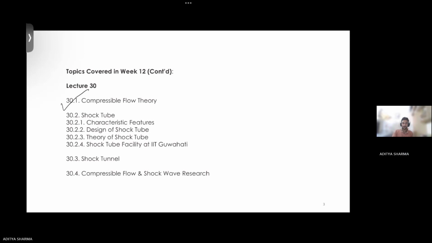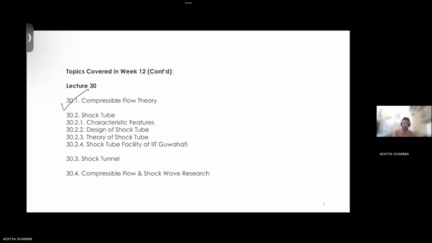Then different data related to the shock tube has been presented in this lecture. That comes in the characteristic features of a shock tube.